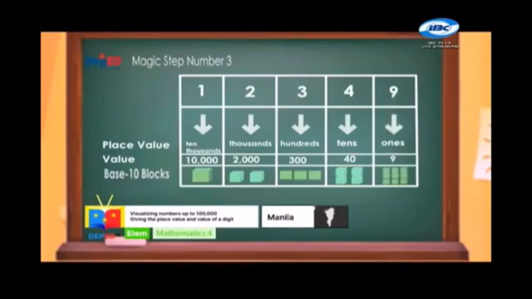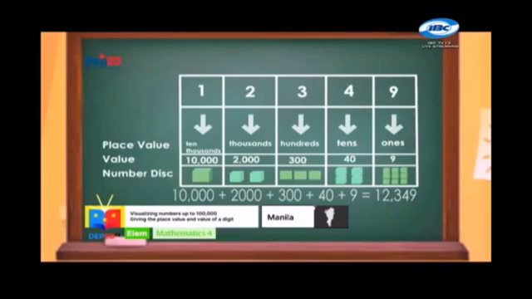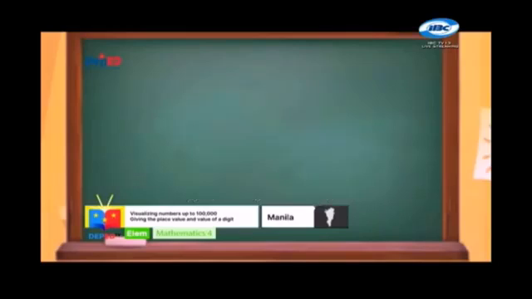So we will draw 9 units. Nice! There are 1 10,000, 2 thousands, 3 hundreds, 4 tens, and 9 ones. 10,000 plus 2,000 plus 300 plus 40 plus 9 is equal to 12,349.